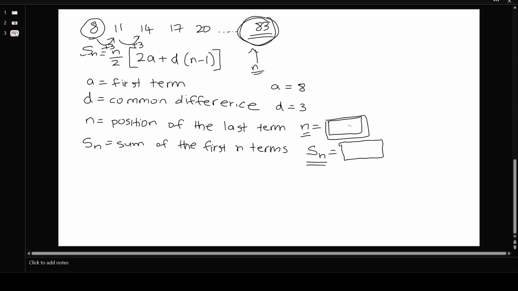We've just found out that 83 is the 26th term of the sequence, so we now know that n equals 26. Now we only have one unknown letter in this formula.